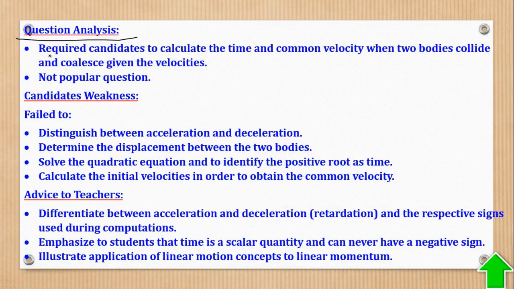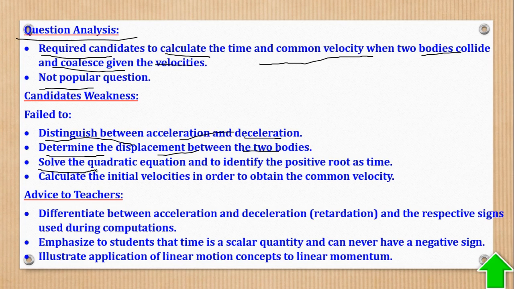So question analysis: the question required candidates to calculate the time and common velocity when two bodies collide and coalesce, given the velocities. It was not a popular question. The weaknesses were that candidates failed to distinguish between acceleration and deceleration. Deceleration should be negative. Also they failed to determine the displacement between the two bodies.